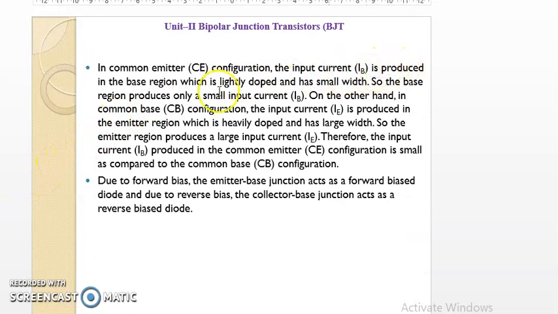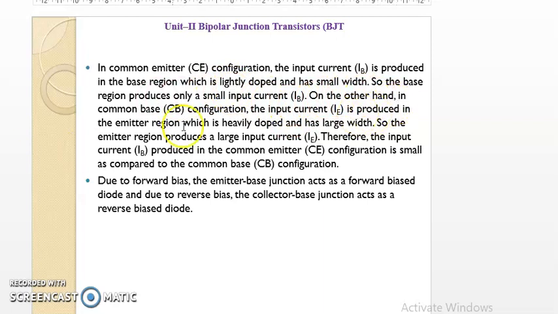The input current IB is produced in the base region, which is lightly doped and has small width. So the base region produces only a small input current IB. I already told you that base current is very small. It is because of what? Doping. Base is lightly doped.